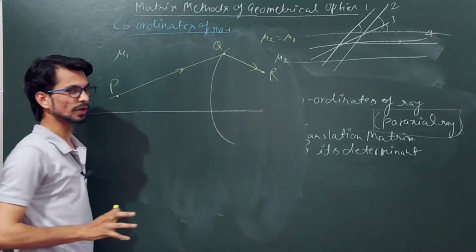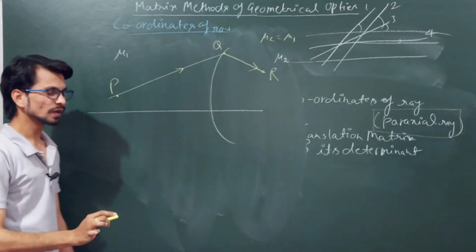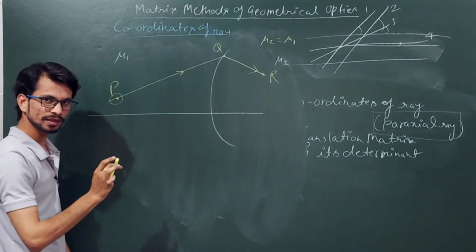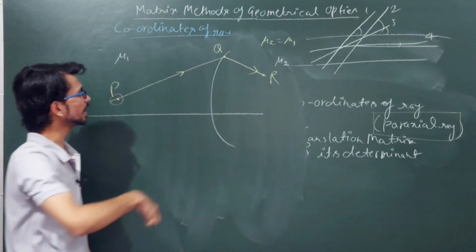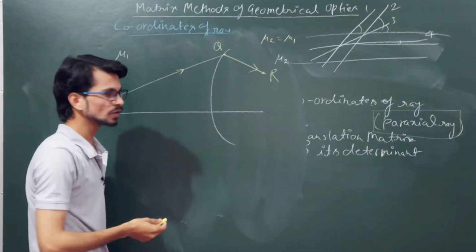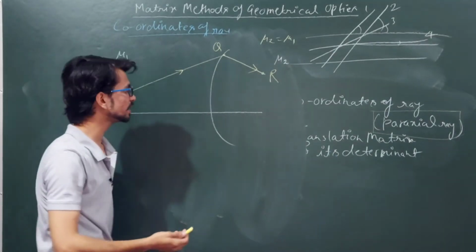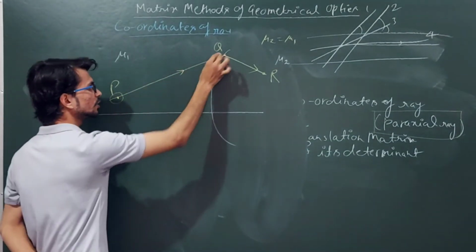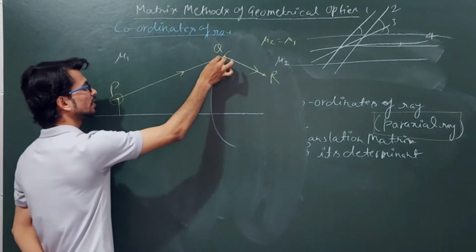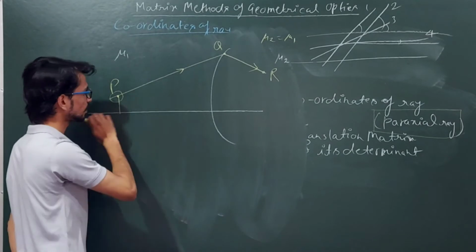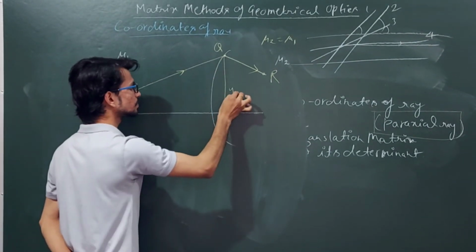Now we have the 3 points, P, Q, R. I can treat P as a point which is taken on this ray in one medium, and this point Q is the point which is on the boundary of the medium. So I will need the coordinates of these 2 points P and Q. So I will have some distance of this point P and the distance of this point Q from the principal axis. So let's say this is distance y1, and this is distance y2 in the medium.